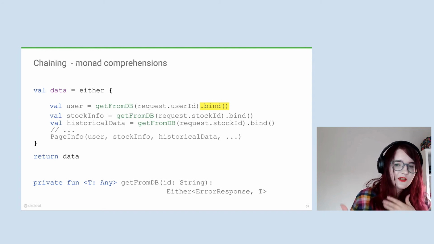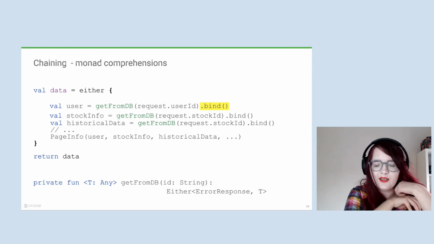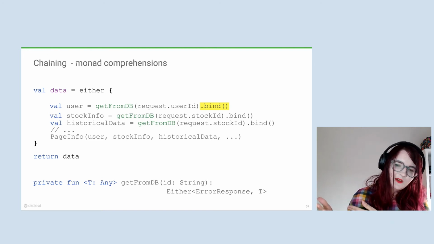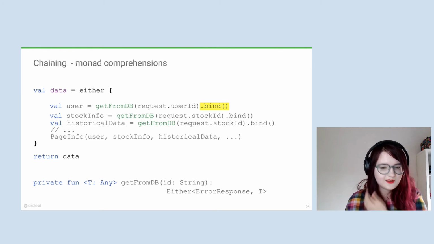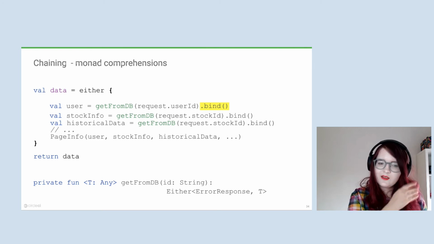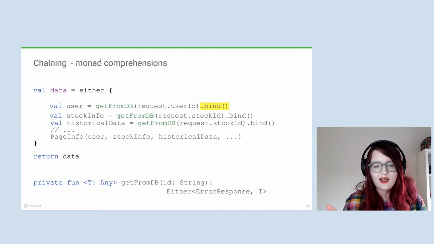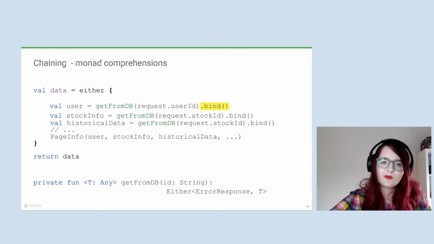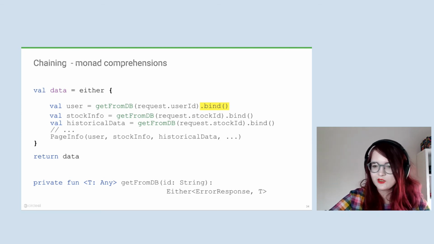And this magical bind function will handle all those transformations between values and eithers and dropping the calculations when either is left. So in that case, you can use eithers as if they were simple values without wrappers around them. So just user, stock info, historical data, just like regular values without a visible flat map.